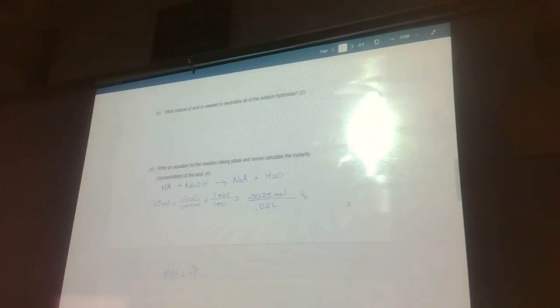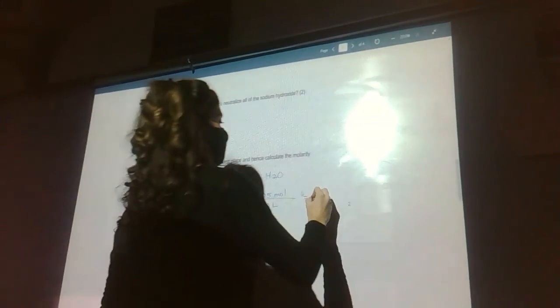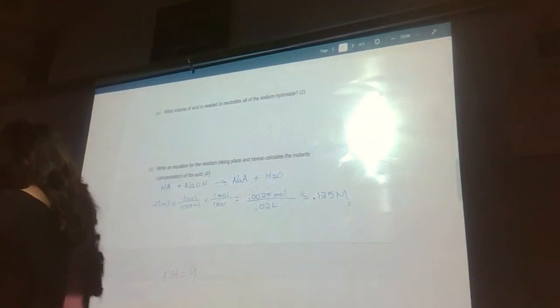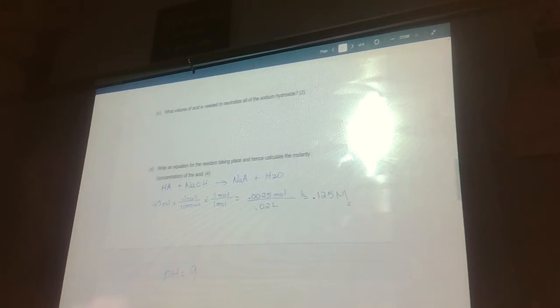This is stoichiometry, stuff that we've known for a long time. 0.125 molar. Don't lose this point because you're stressed out about not knowing acids and bases. This is just stoichiometry. Milliliters to moles, moles to moles, back to molarity again.